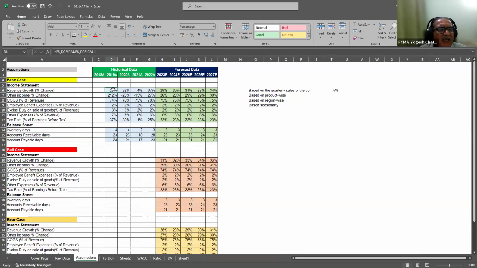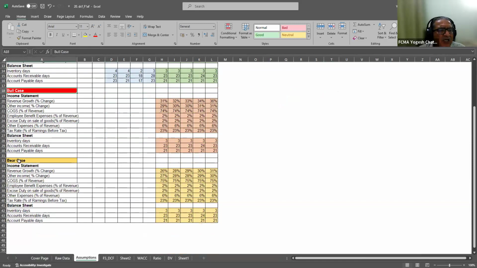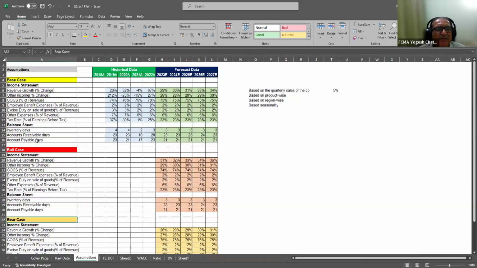Here I have taken this projection under 3 different scenarios: the base case scenario, the bull case scenario, and the bear case, lower case, upper case, and the base case. You will appreciate that when you are making a projection, if you do it in only one scenario and that fails, say there is a war between Israel and Iran tomorrow, whatever projections were made will not be correct. The world is changing at a very, very rapid speed.